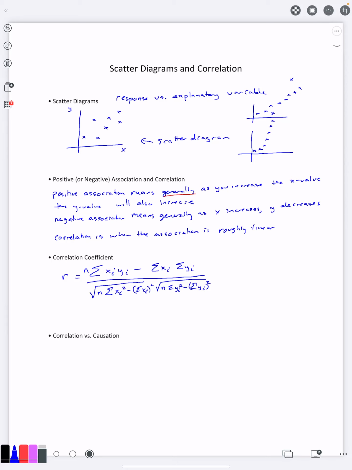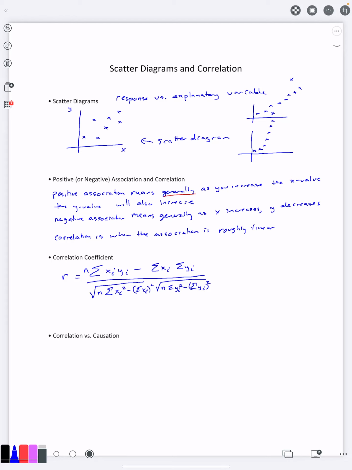On the bottom, you have these square roots of n times sum squared. So it's a gigantic mess. As I said, we are going to be able to do this in our calculator without doing all the hard work ourselves. You're just going to put in the x's and y's, hit a couple buttons, and it will tell you what your r is. You don't have to worry about that.